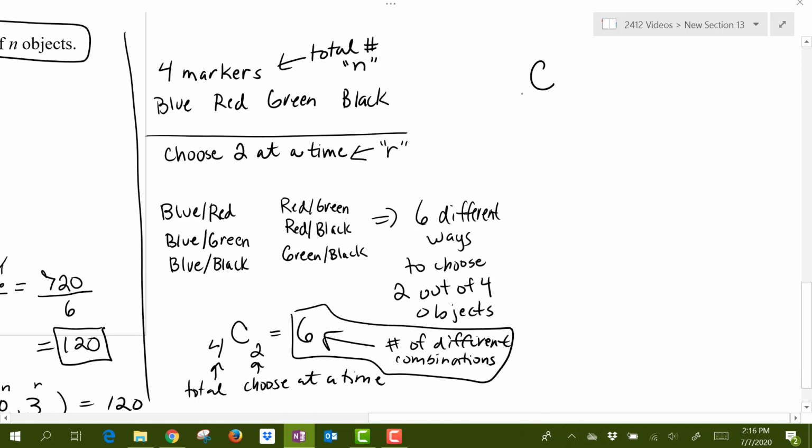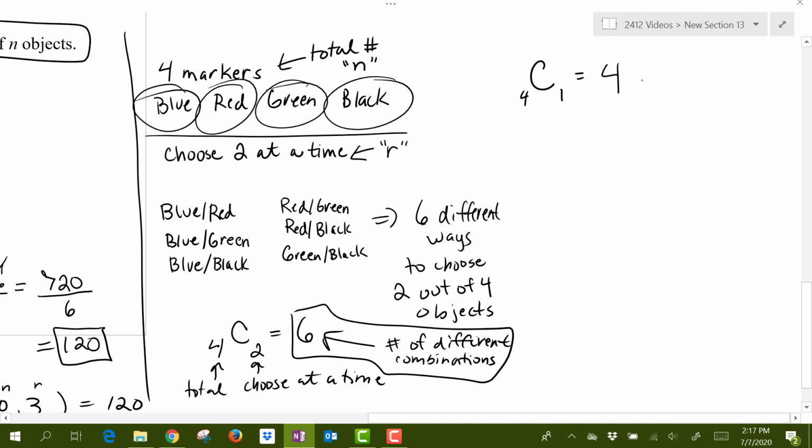If I use the notation 4 choose 1, so I have 4 markers and I want to choose 1 at a time, just 1 at a time, that's what 4C1 would be. How many different ways or how many different combinations would that be? Well, if I can only choose 1 at a time, then I can choose a blue, or I can choose a red, or I can choose a green, or I can choose a black.